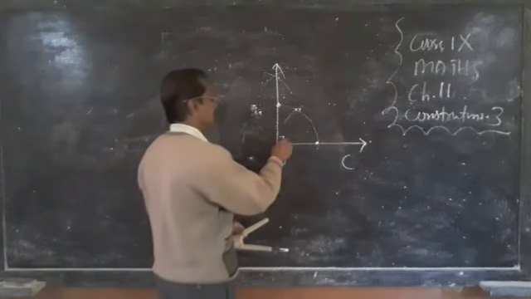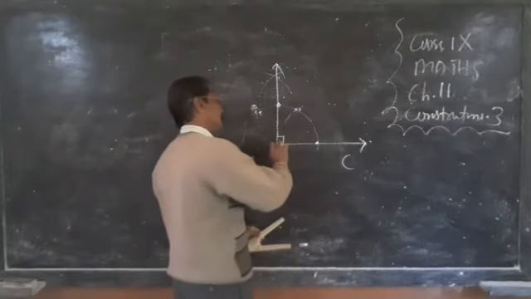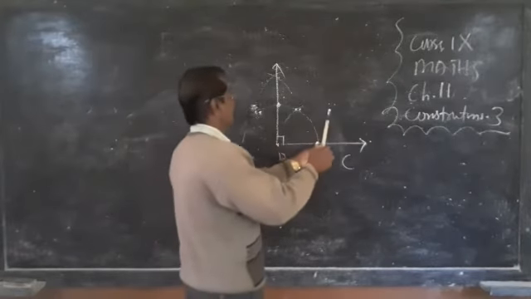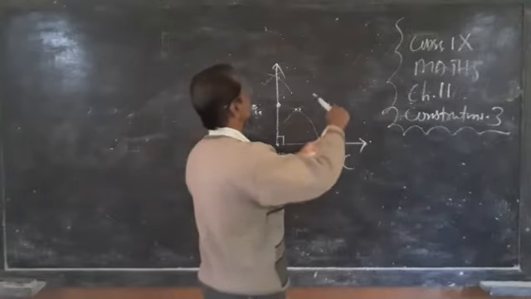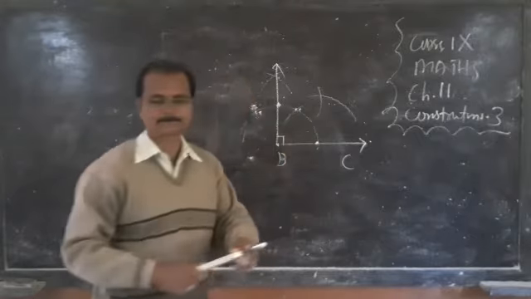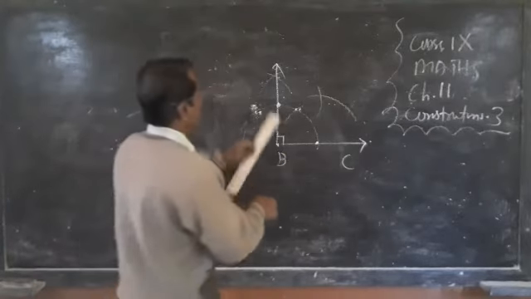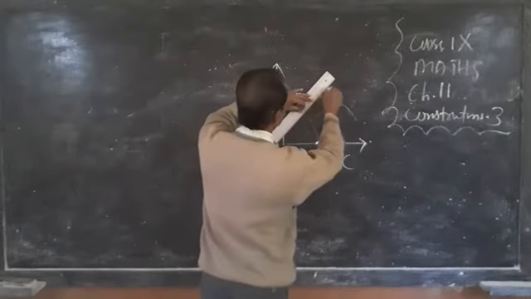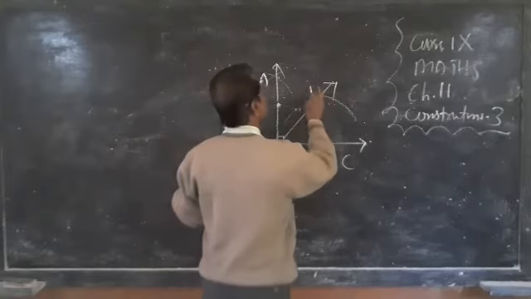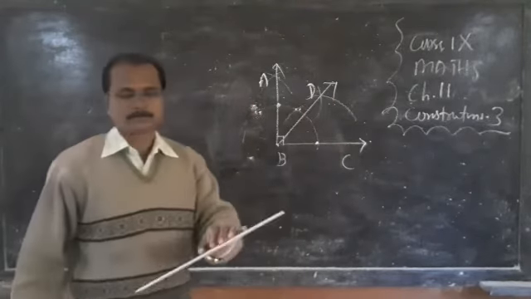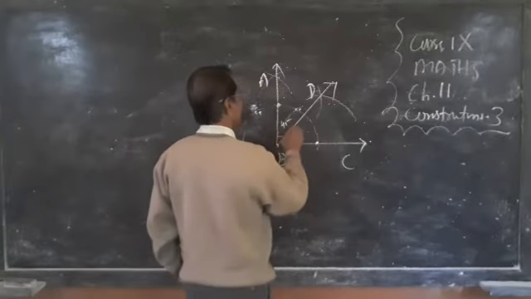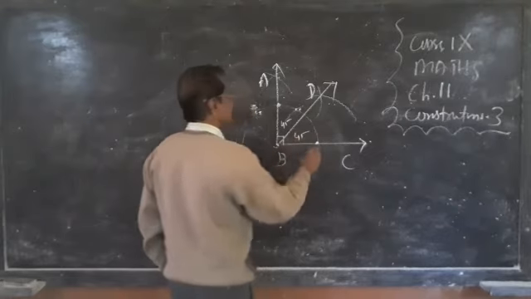This is 90 degrees, and we need to construct the angle bisector of this 90 degrees. How to construct the angle bisector: from the points where the arcs intersect BC and BA, make one arc from each with the same radius. This ray will go through the angle ABC at this point D. So BD is the bisector. So angle ABD is 45 and angle DBC is 45.